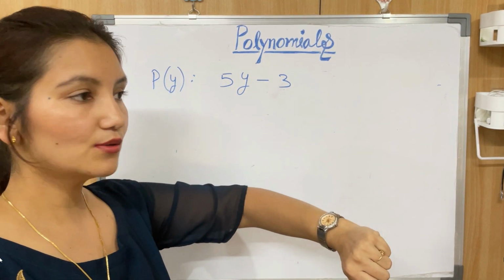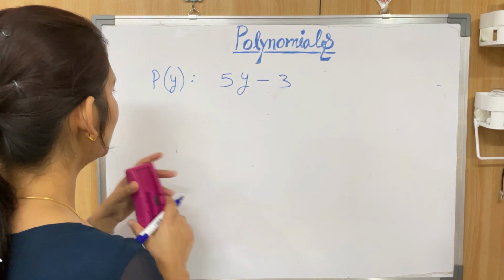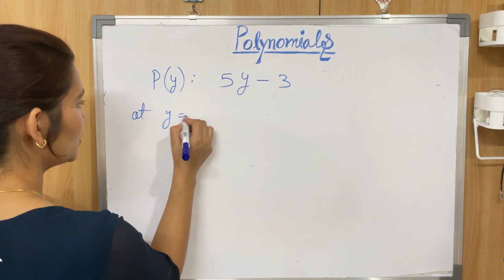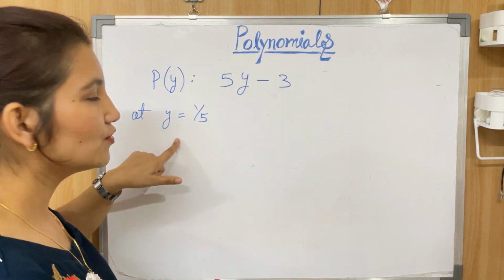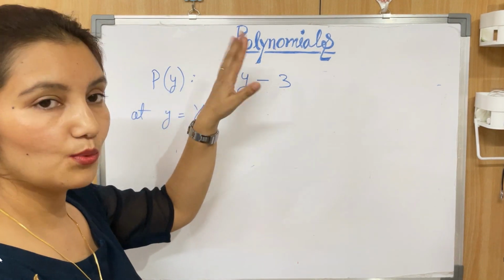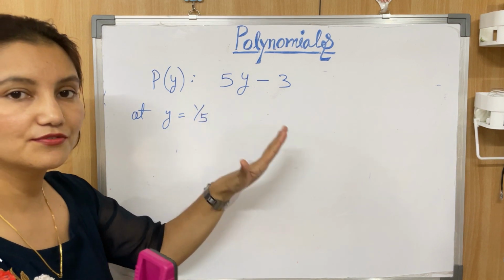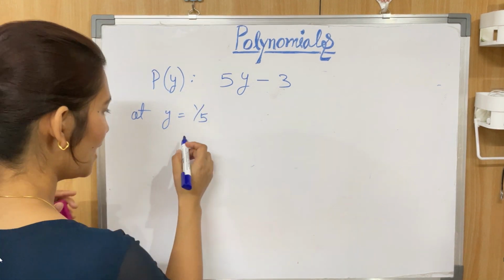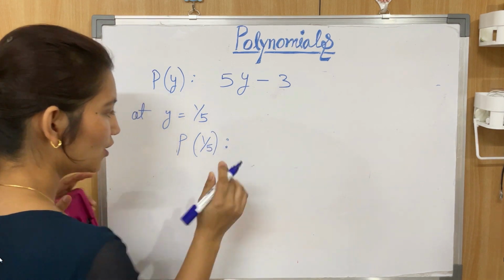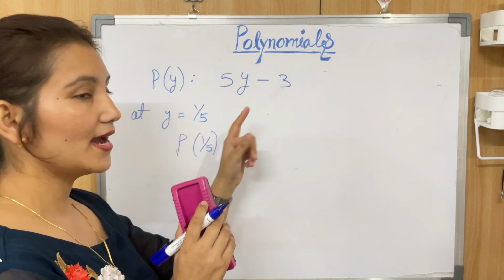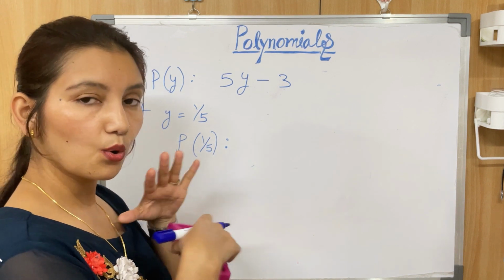You have to find the value of this polynomial when y is equal to 1/5. It means I am asking you to find p(1/5). So you need to replace y with 1/5 in the whole expression.